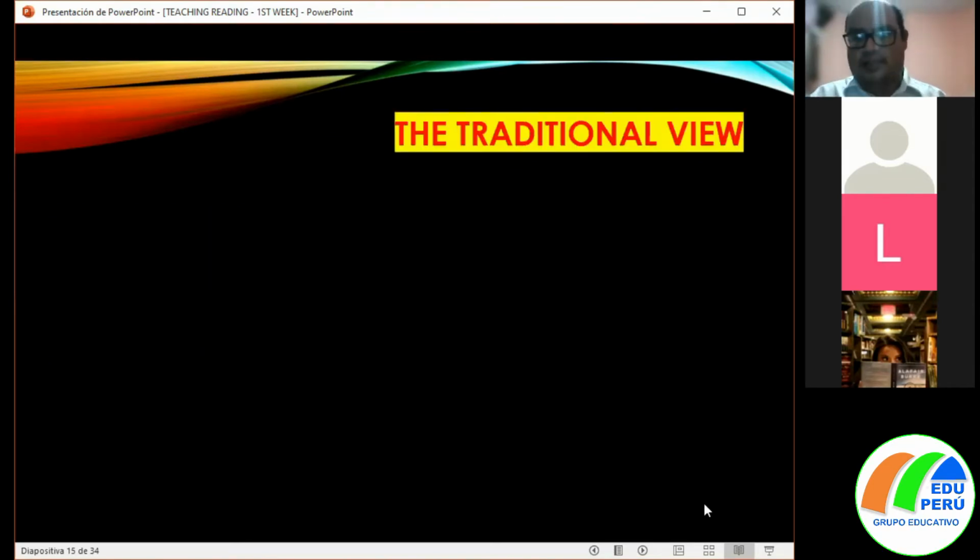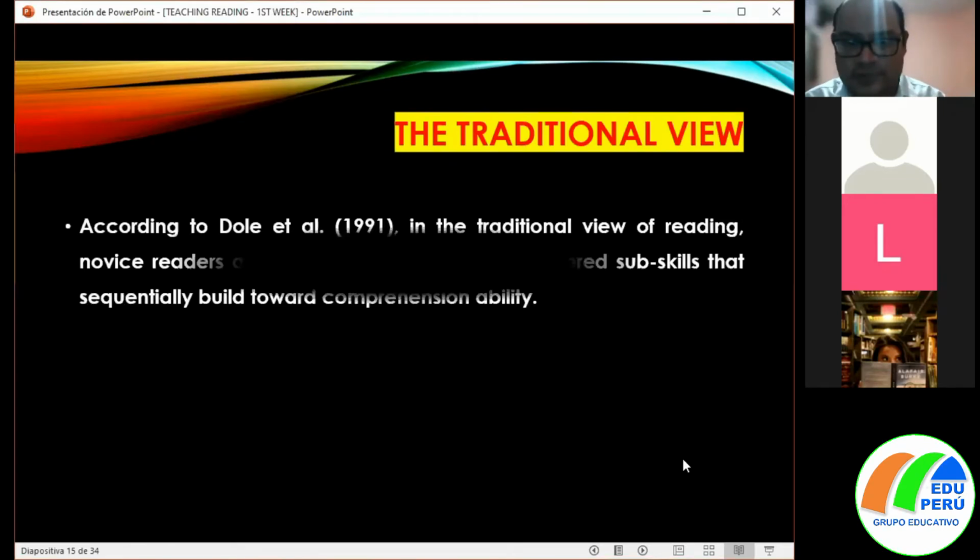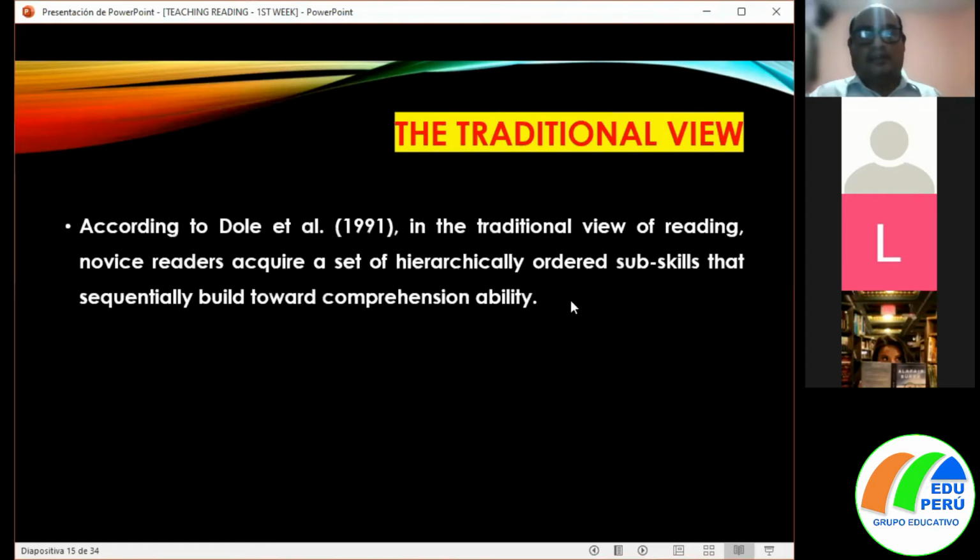Now we are going to analyze it more. Let's start talking about the traditional view. According to Dole et al., in the traditional view of reading, novice readers acquire a set of hierarchically ordered sub-skills that sequentially build toward comprehension ability.